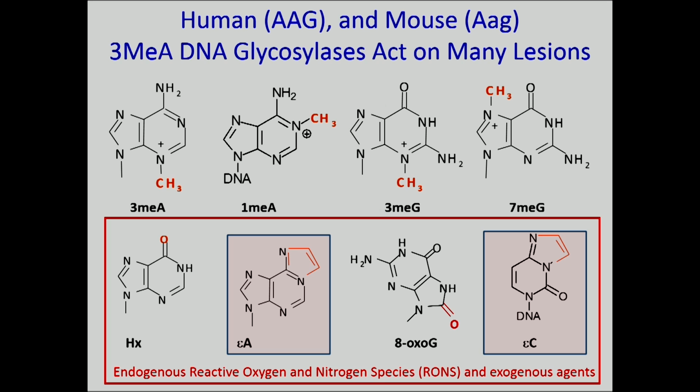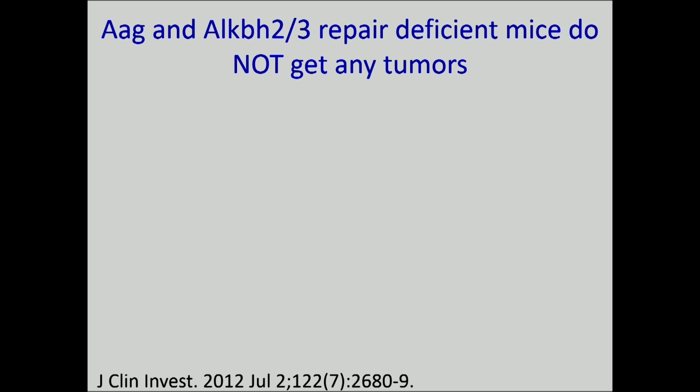So we wanted to ask, if we take away ALKBH2 and ALKBH3 as well as Aag activity, making a triple knockout mouse, which takes a long time, would these animals be even more susceptible? It turned out these animals do not get any tumors, which was a surprise, except for the reason.